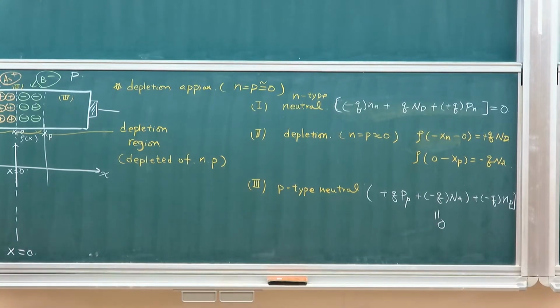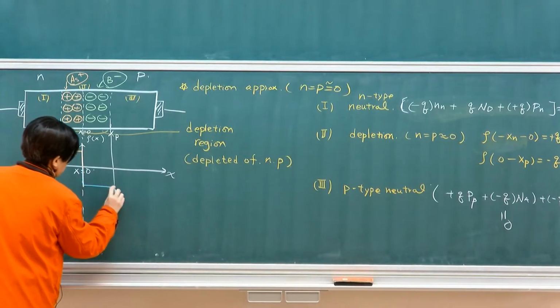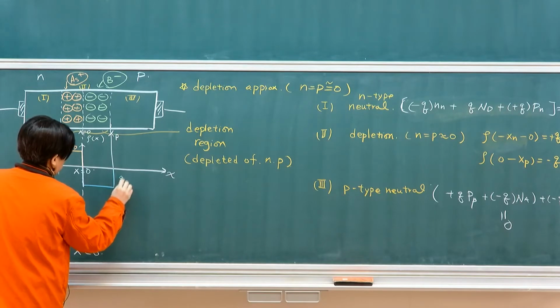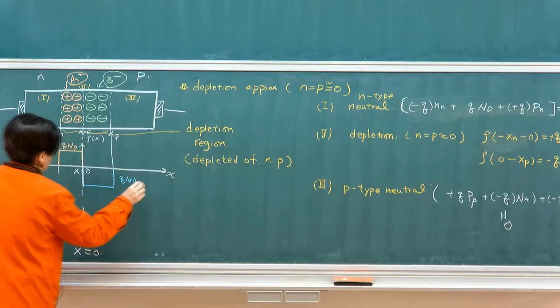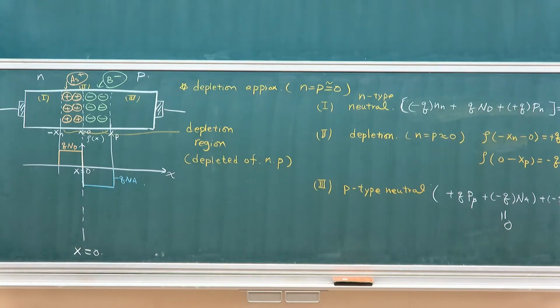So if I'm drawing the plot, I would then have a charge region that looks something like this. It will be positive charge at the level of q Nd, and negative charge at the level of minus q Na.